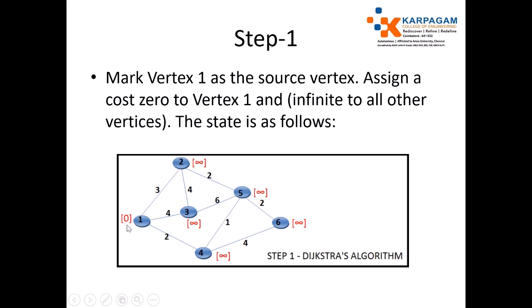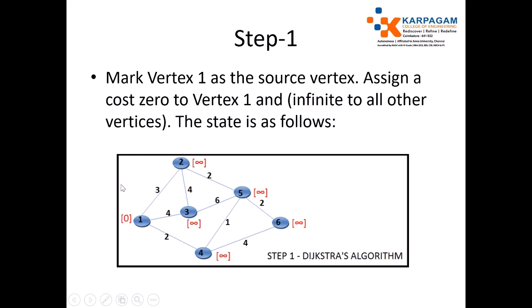The cost from source to source, vertex 1, is 0, and I have 3 edges connected to nodes 2, 3 and 4. I wish to explore these 3.